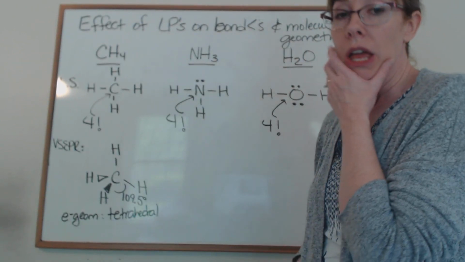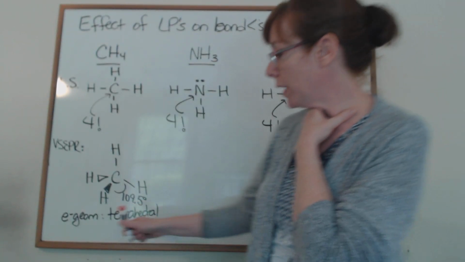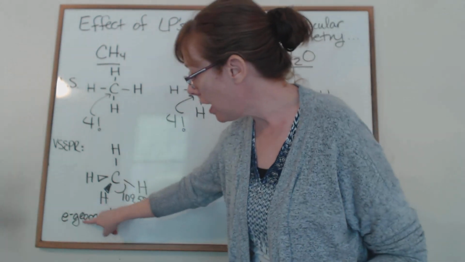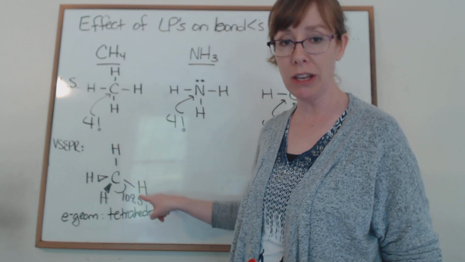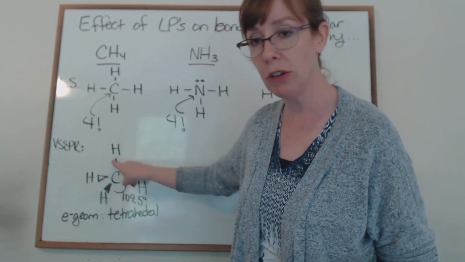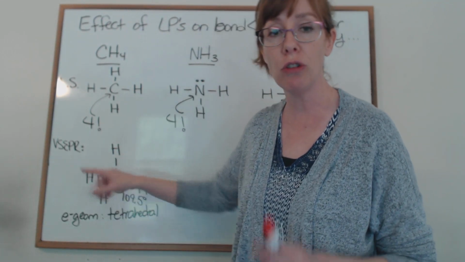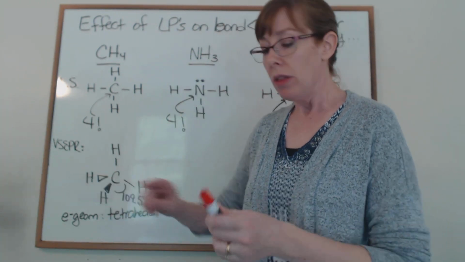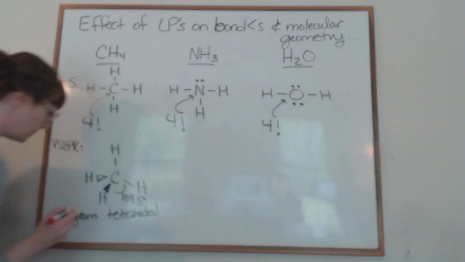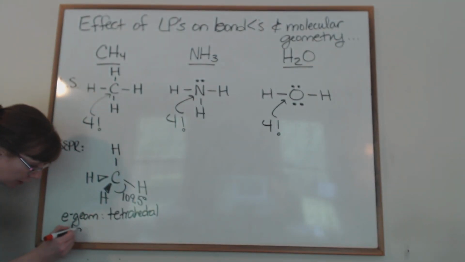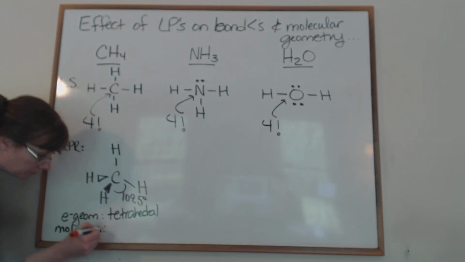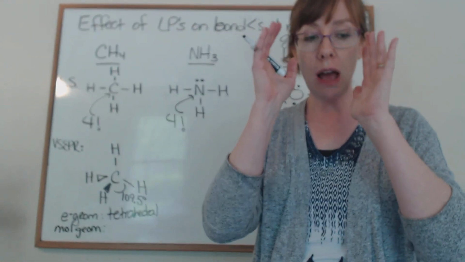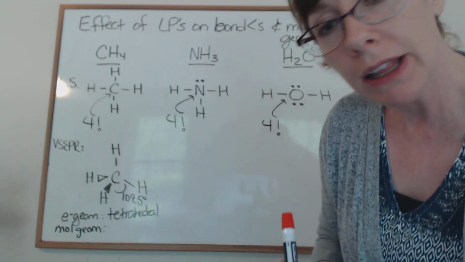Now, when we use the term electron geometry, we are talking about the geometry of not the molecule, but the electron groups. You're actually fixated on the electron groups and how they are arranged geometrically. In contrast, there's another concept called molecular geometry, which is equally important. Molecular geometry is asking a different question. What is the geometry of the molecule, really of the atoms?